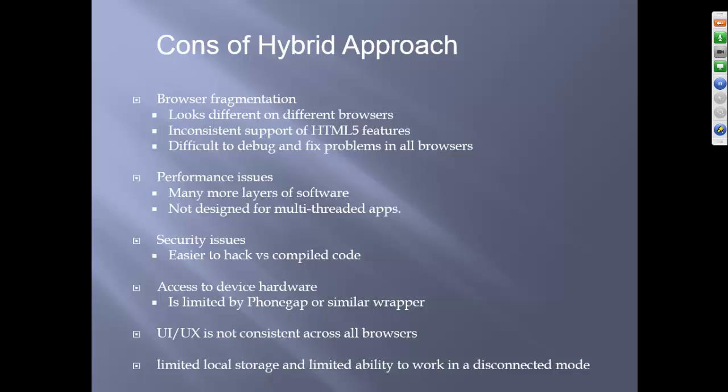But these are the guidelines that we can give you: if your app tends to be more CPU intensive, or if it needs to have a multi-threaded architecture that can be retrieving data in one thread and rendering graphics in another thread, you probably want to stay away from a hybrid approach. Hybrid works best for fairly simple apps that retrieve data, manipulate data, and don't get too fancy in terms of graphics and so on.